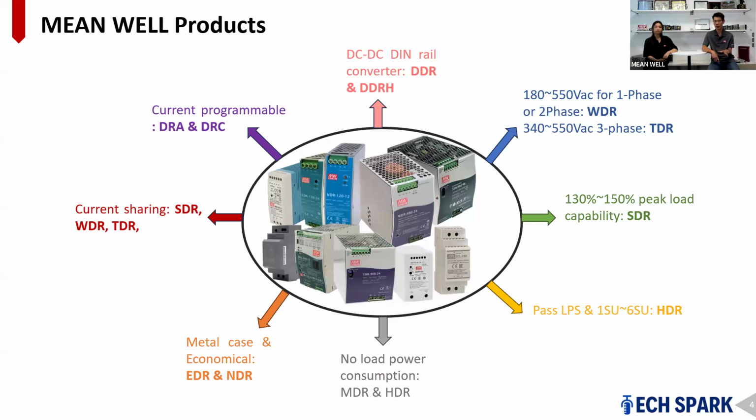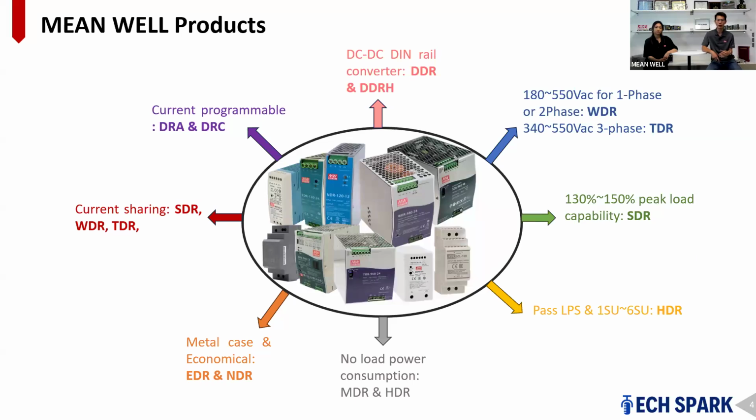The HDR, in another case, has a very small form factor ranging from 1U to 6U width, and it also passes the limited power source test, so it is very suitable for applications with limited space. And of course when the customer is looking for lower no-load power consumption, then the MDR and the HDR are very suitable for that.